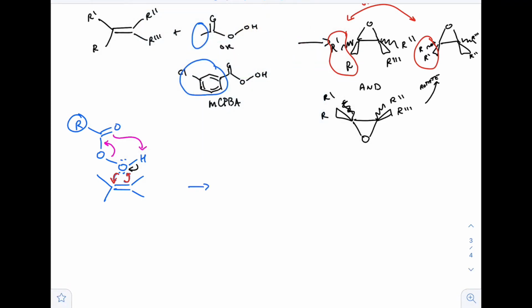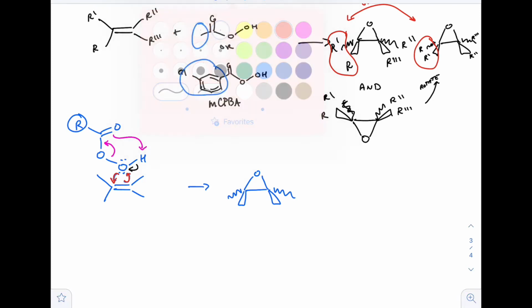Okay, so it's like a little do-si-do. We're hanging out, we're dancing, we're sharing partners, and we're making fancy things, right? We're making epoxides here, and so you're going to have to follow the flow of electrons. It's really hard for me to not be able to point directly, but I'm trying to label these electrons and those bonds with red.